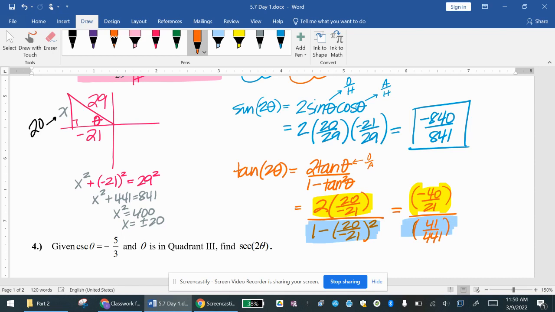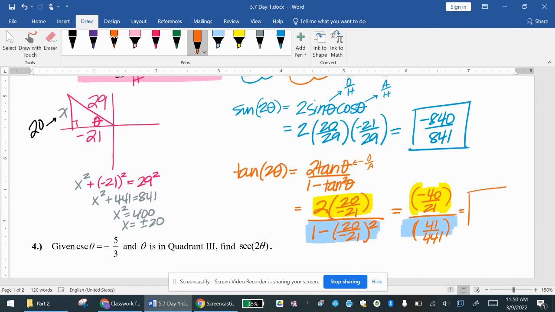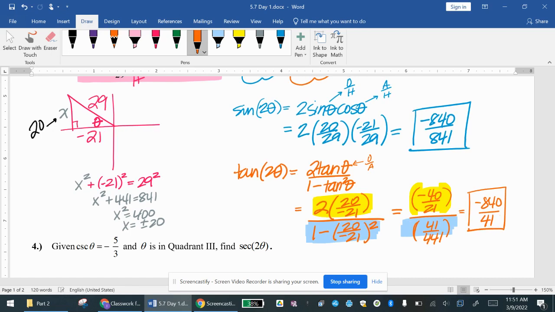Okay, so now when I divide those, give me 1 second. I'm just double checking everything on my calculator, which you should be following along and putting this in your calculator as well. Perfect. Okay, so push pause until you've got your answer. When you're ready, push play to check your work. Okay, so I got negative 840 over 41.